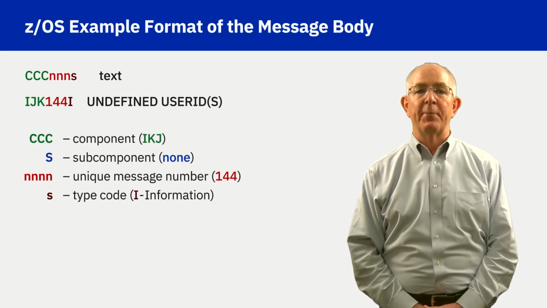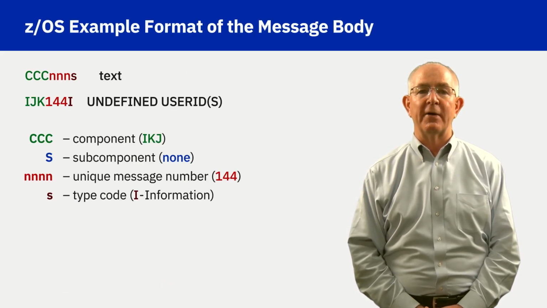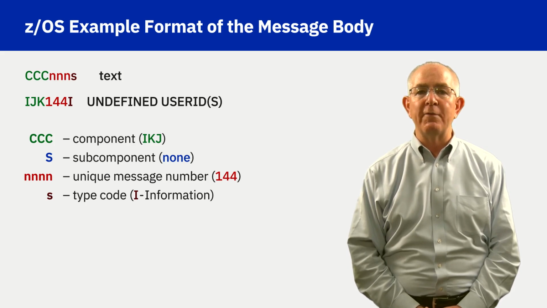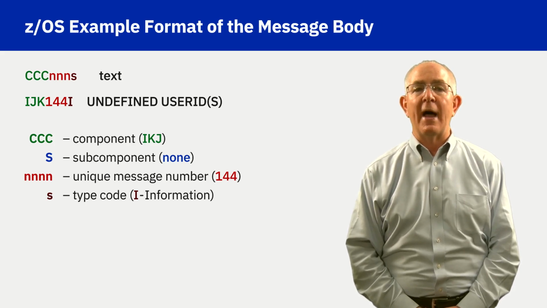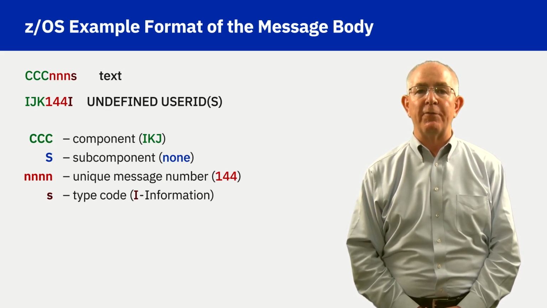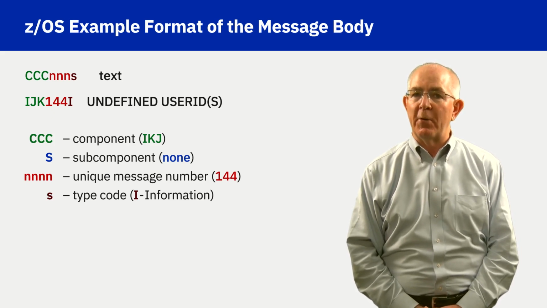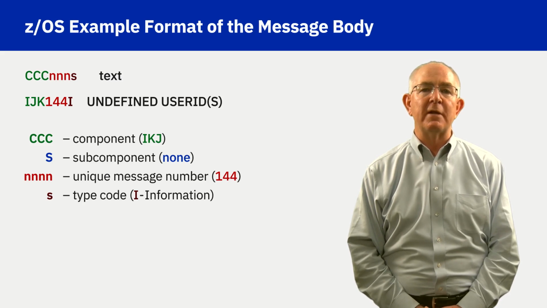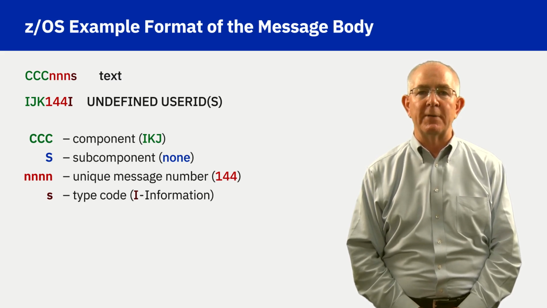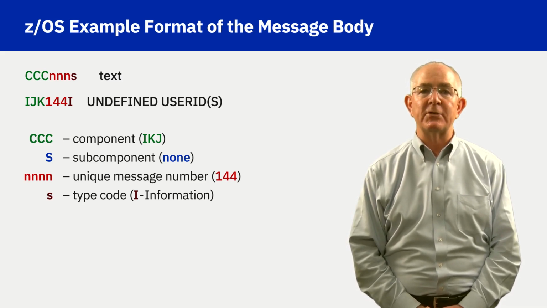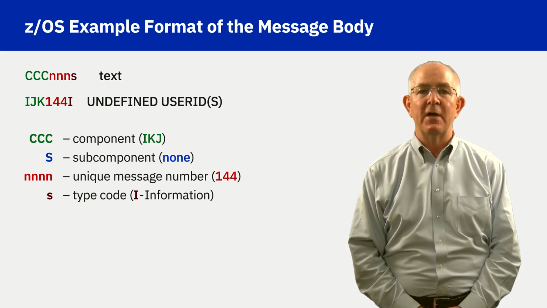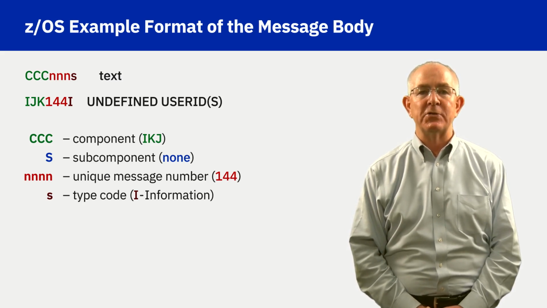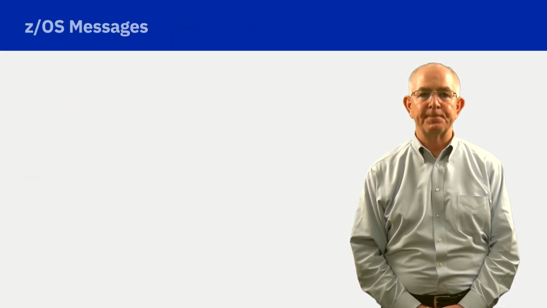The chart example shows message identifier IKJ144I, where IKJ is the component prefix, no subcomponent character is present, 144 is the unique message number for the component, and last is the message identifier suffix of I, meaning the message is informational.